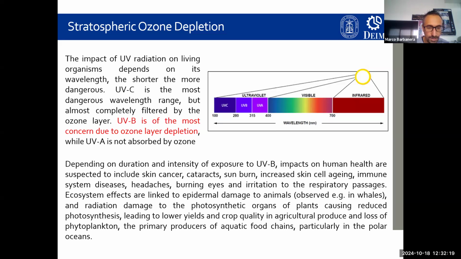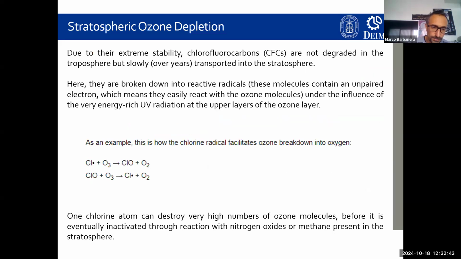Radiation can also damage the photosynthetic organs of plants, causing reduced photosynthesis, leading to lower yields and crop quality in agricultural produce. So we have several different damages due to this fraction of solar radiation.